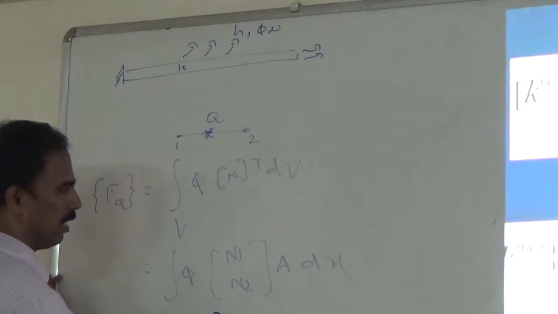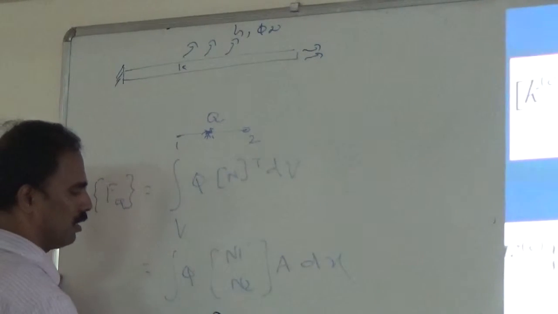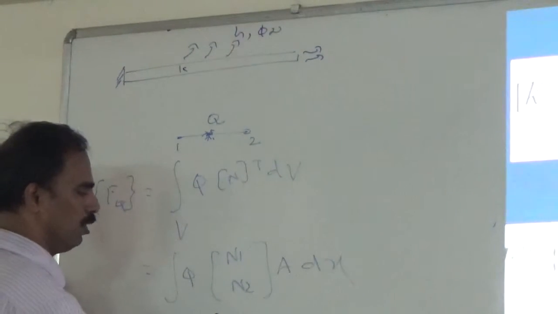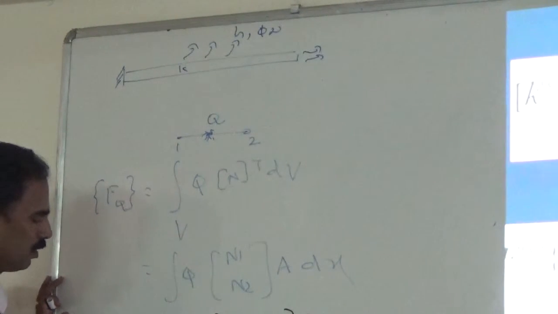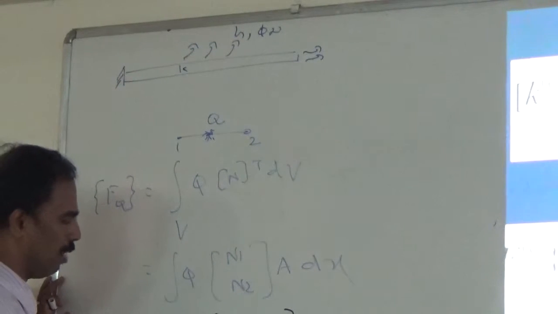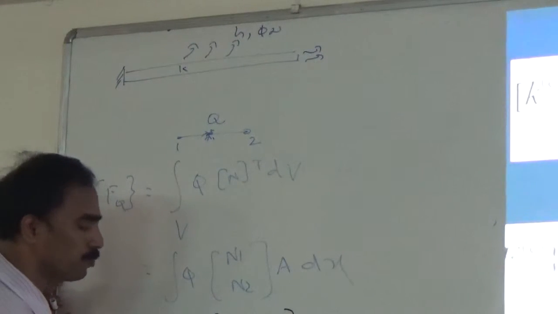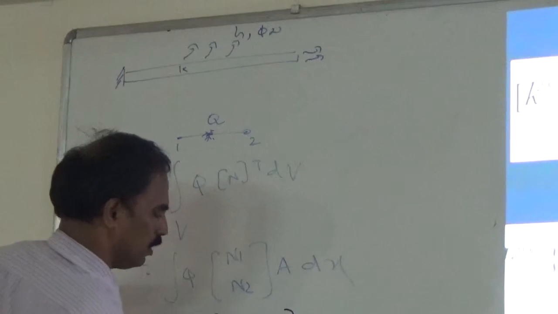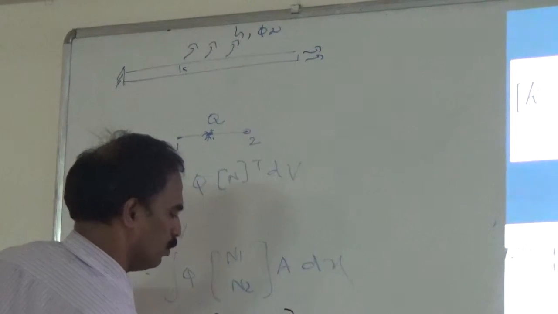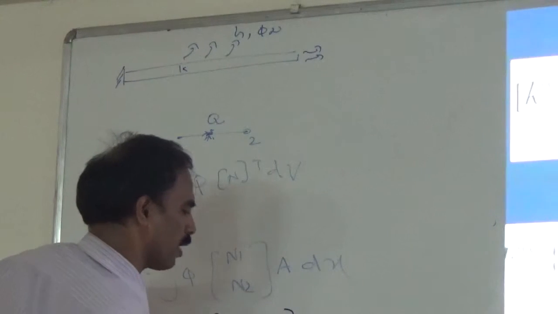This becomes the integral of N1 dx, the integral of N2 dx. So this becomes Q A L by 2, L by 2. This we know, the integral of N1 dx, so this becomes Q A L by 2 times 1, 1.